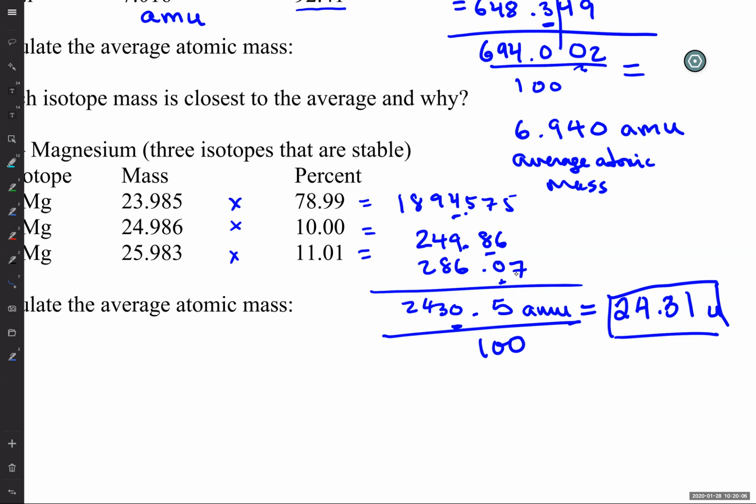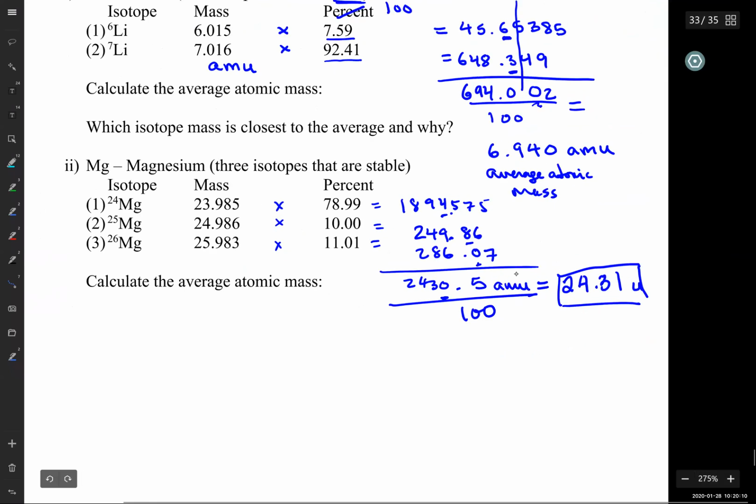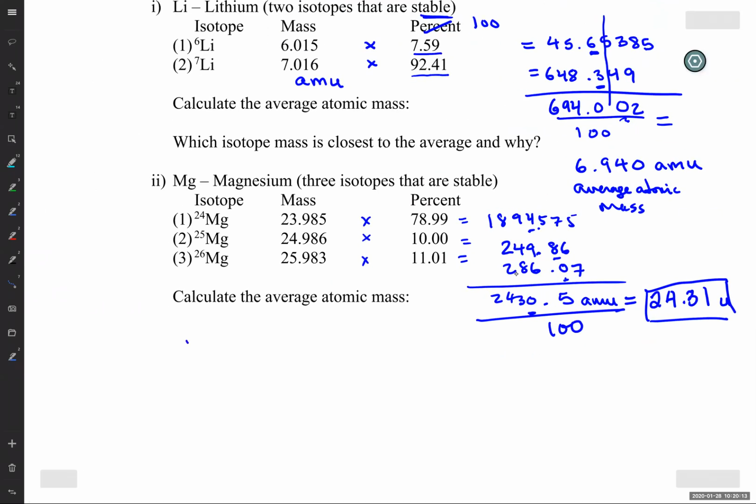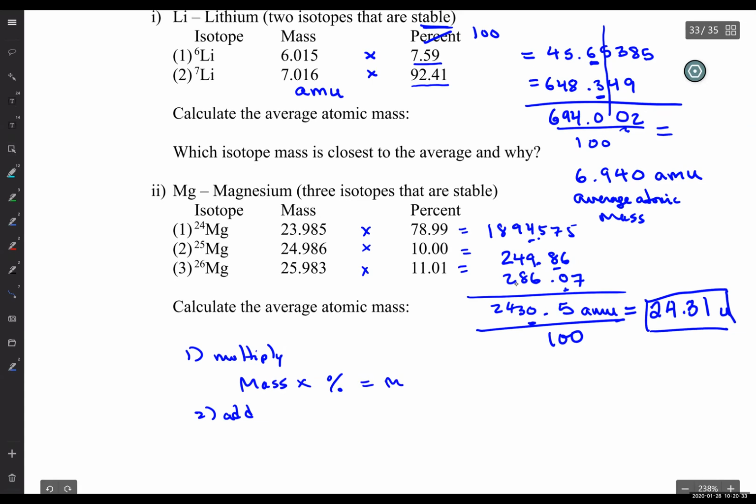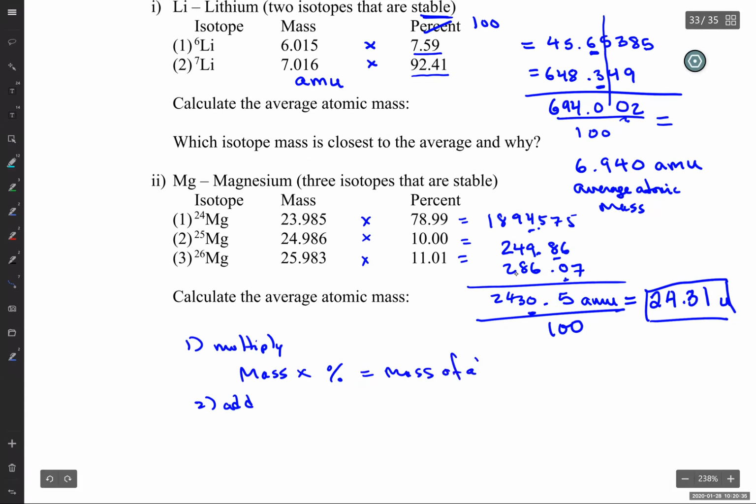So the process to calculate the average atomic mass: multiply mass times percent atoms of the isotope.